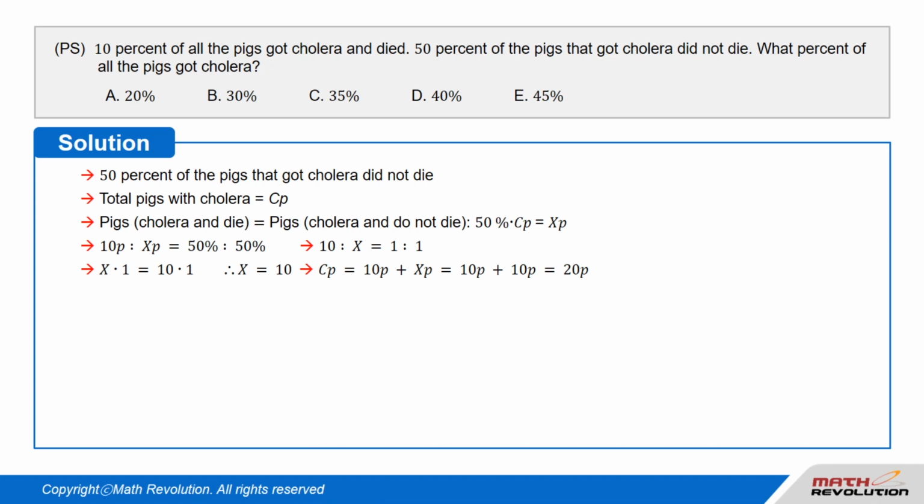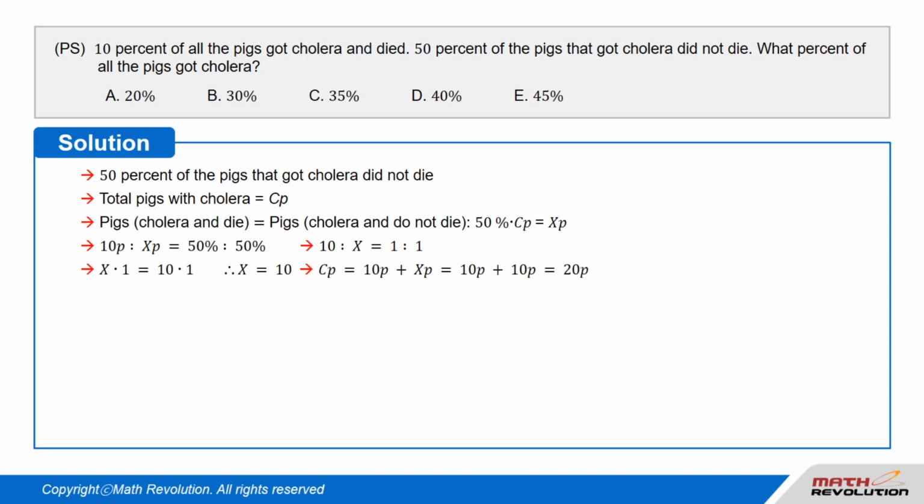So both parts, those who have cholera and die, and those who have cholera and do not die, are equal, which is 50% of C of P, which is equal to X of P. So 10 times P is to X of P, which is equal to 50% is to 50%, or 10 is to X, which is equal to 1 is to 1.